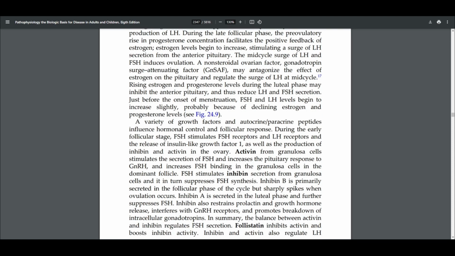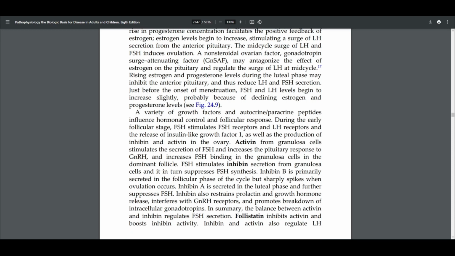A variety of growth factor and autocrine paracrine peptides influence hormonal control and follicular response. During the early follicular stage, FSH stimulates FSH receptors and LH receptors, and the release of insulin-like growth factor 1, as well as the production of inhibin and activin in the ovary.